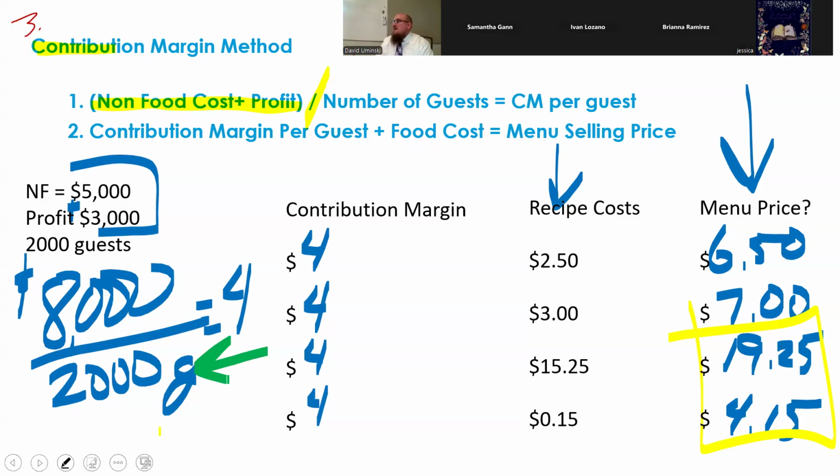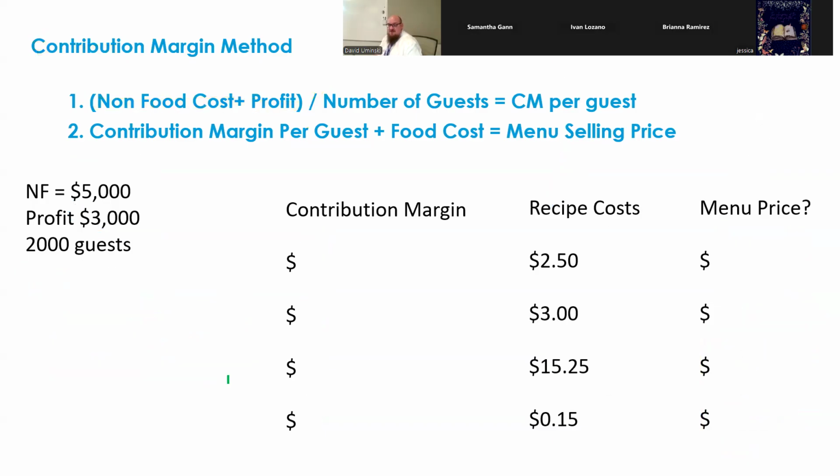No. Okay. So the reason why we talk about the different methods for pricing out your menu items is because there's not a one size fits all. You have to decide what method is going to work the best, right? This $4.15 may not be good enough. That may be too expensive for sodas, right?